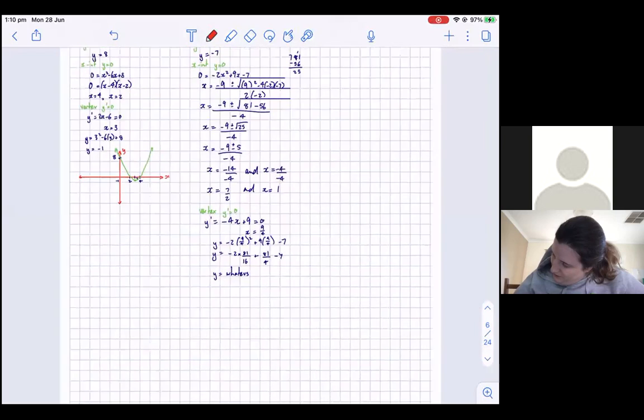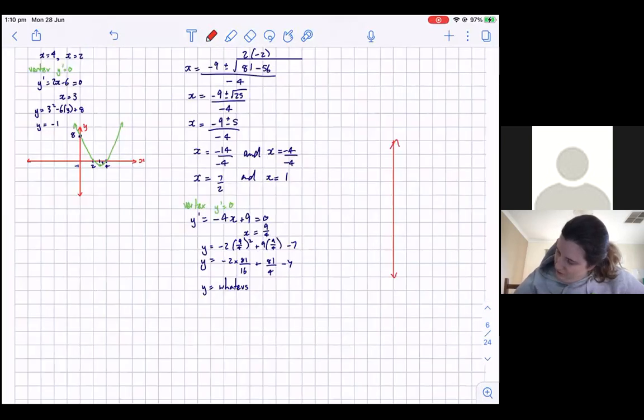Now, normally I would use the y coordinate of the turning point to really help me out with figuring out what it's going to look like. But this time, because I wrote something I don't actually know, but my x-intercepts are going to be 1 and 7 on 2, that's like 3.5. My x-coordinate is going to be halfway between those, so that was 9 on 4.